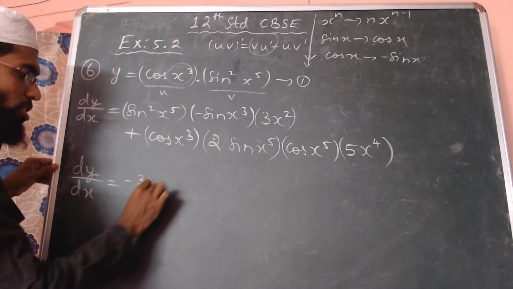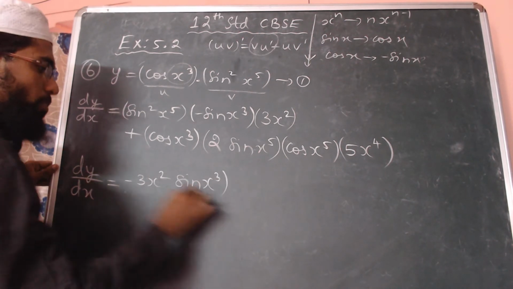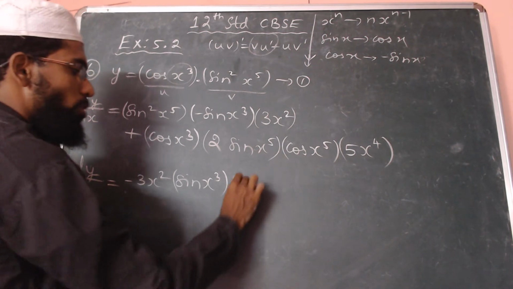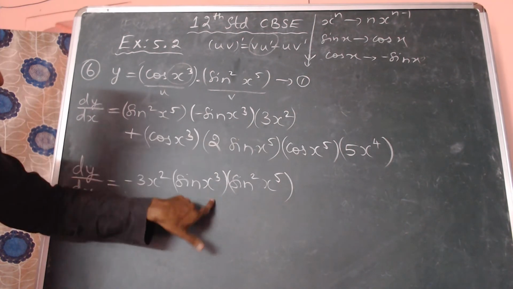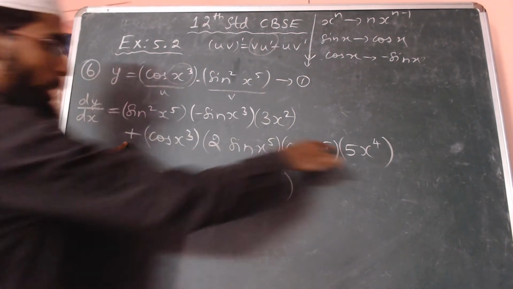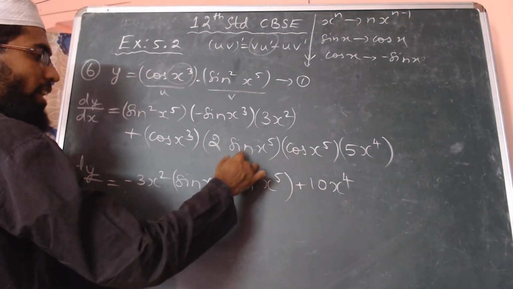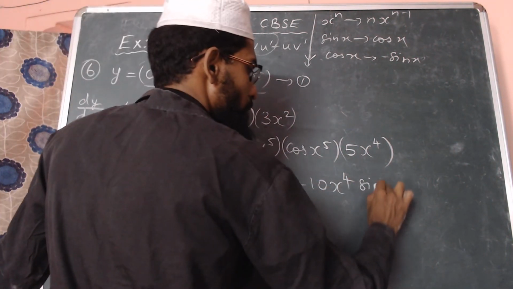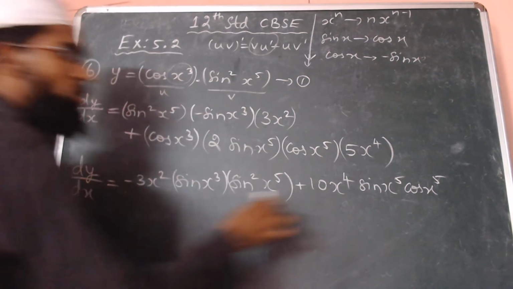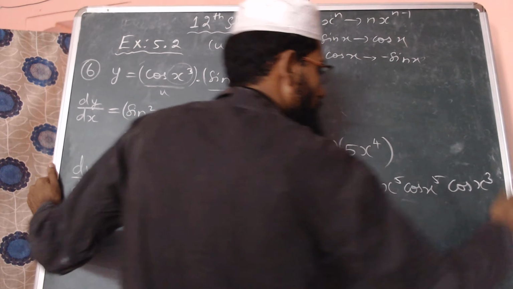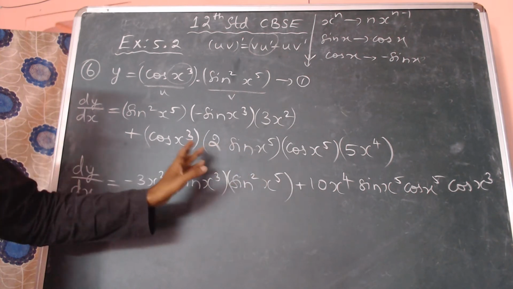I can write minus 3x square sine of x cube, I just put it in proper order, into sine square x power 5, plus 5 into 2 will become 10 x power 4 sine of x power 5 cos of x power 5 into cos of x cube. Right.